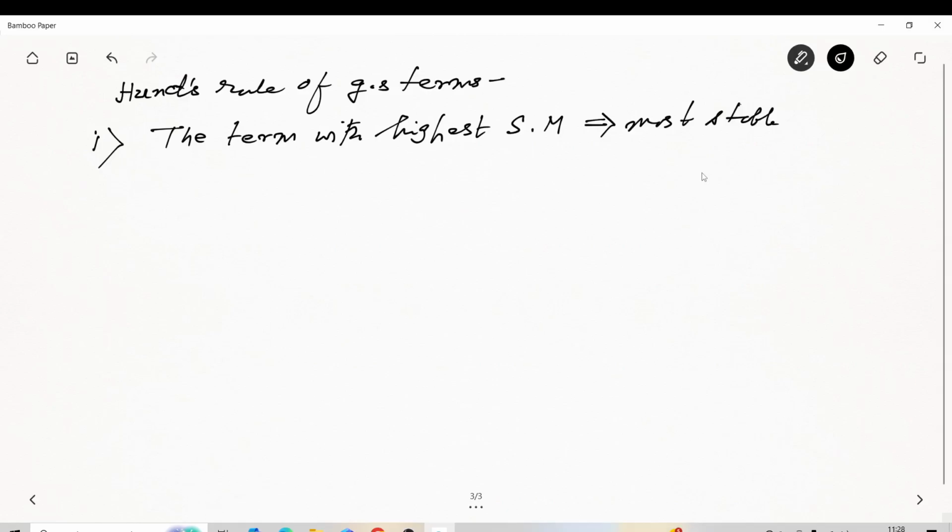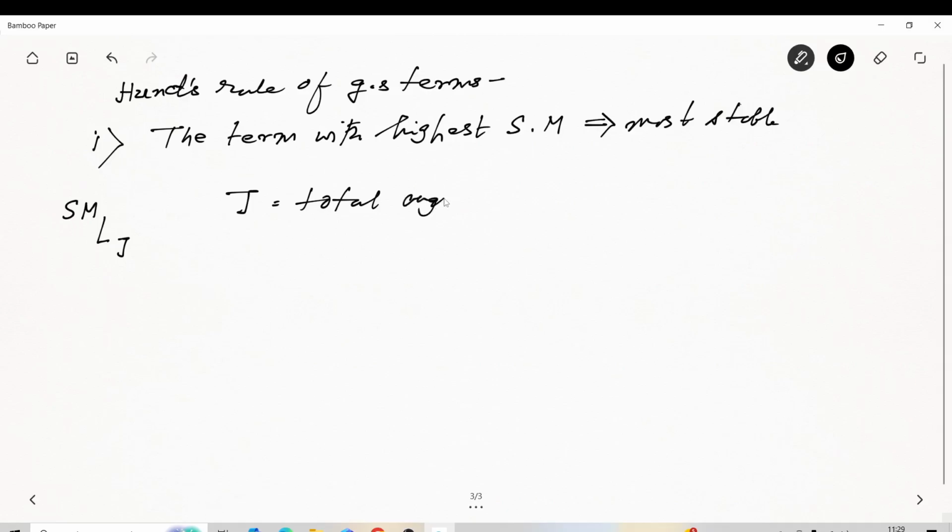Now suppose you consider some of these terms, say for example triplet P. Usually the terms are represented like this: spin multiplicity, capital L and capital J, where J is another quantum number, known as the total angular momentum quantum number.